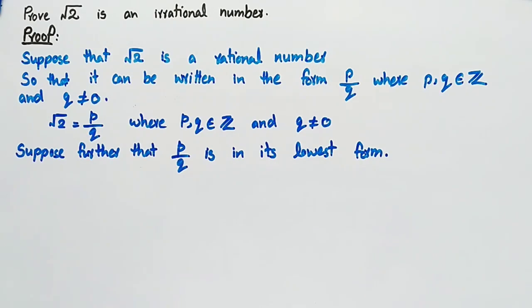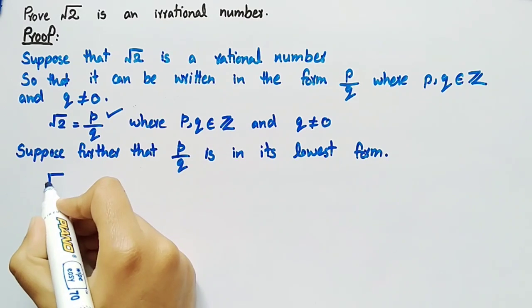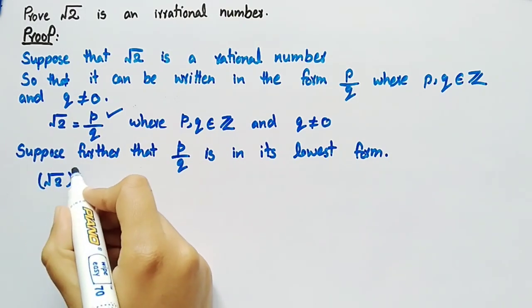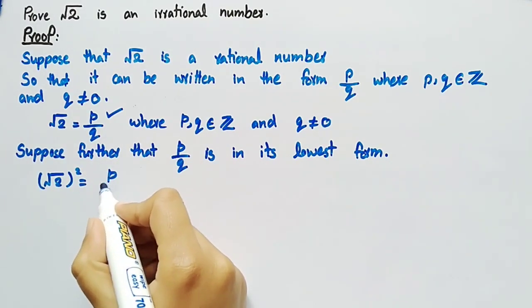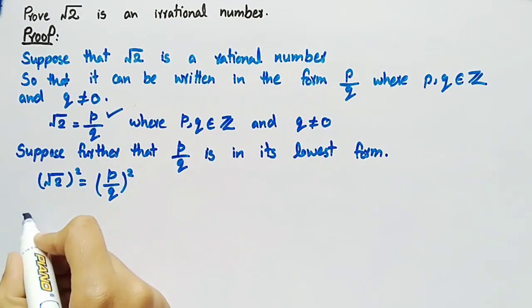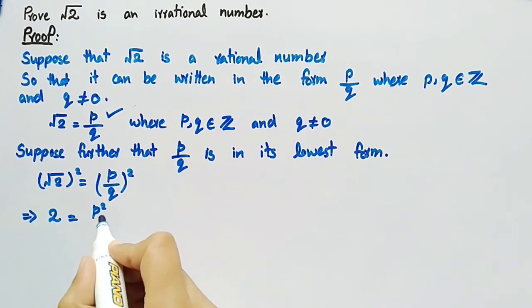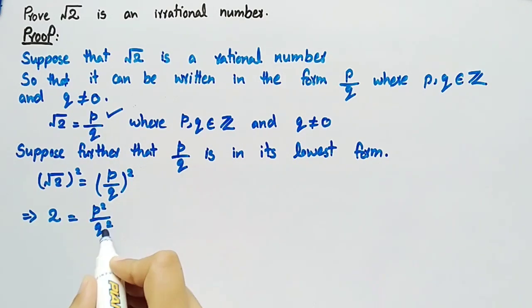Now by squaring both sides of this equation, we get square root 2 whole square equal to P by Q whole square. It can also be written as 2 equal to P square divided by Q square.